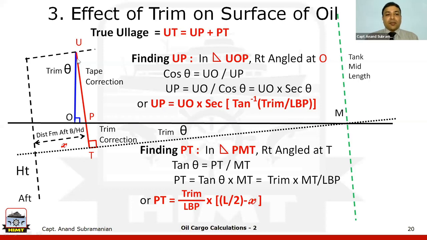In case we use a sonic tape or a sounding tape to find the ullage of the oil, we have to apply tape correction, and from it we also apply trim correction to get the true ullage. Whereas if you're using a radar gauge, the tape correction is not applied, because we already have UP in hand. The only correction to be applied is the trim correction. So this PT is a trim correction, and this UP is a tape correction.